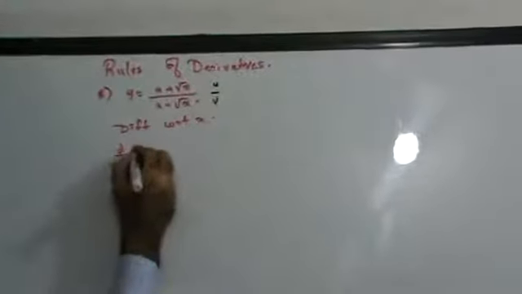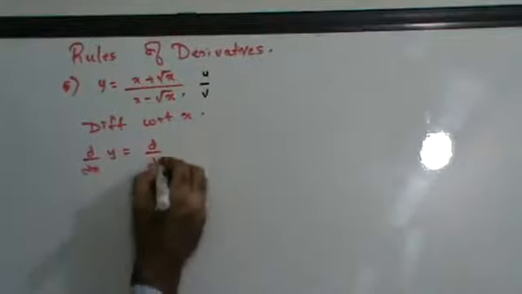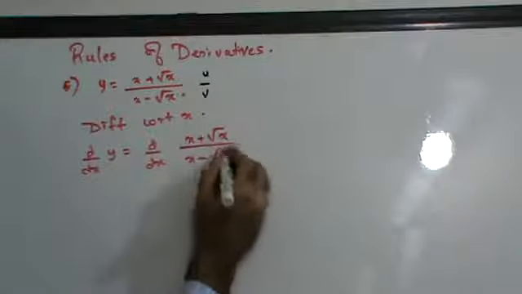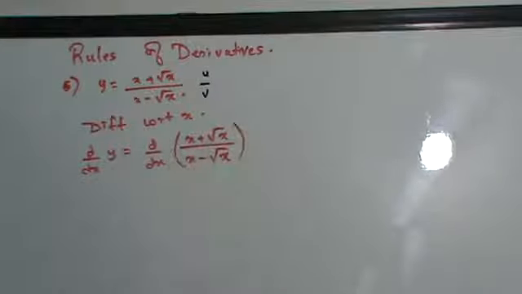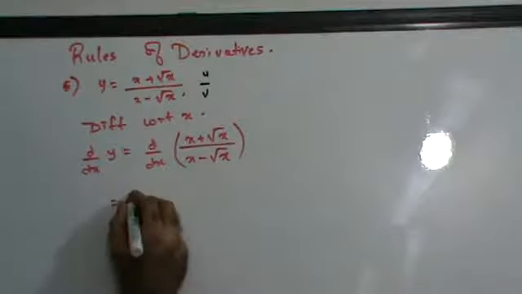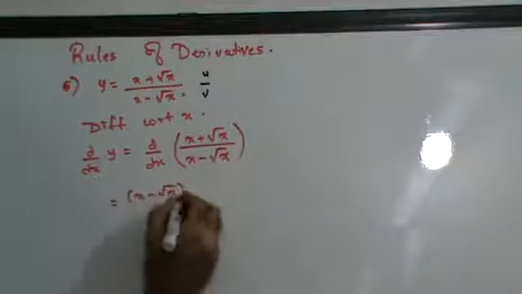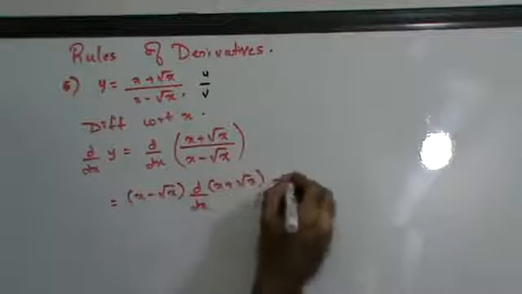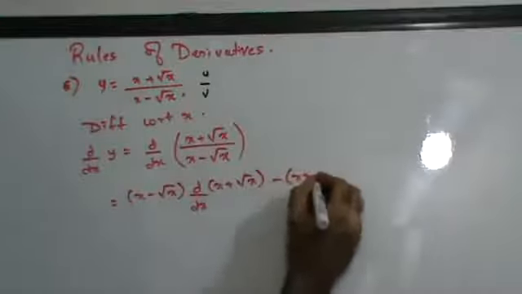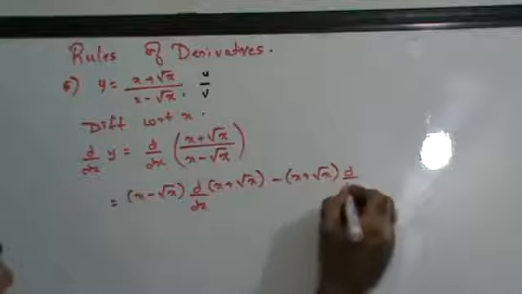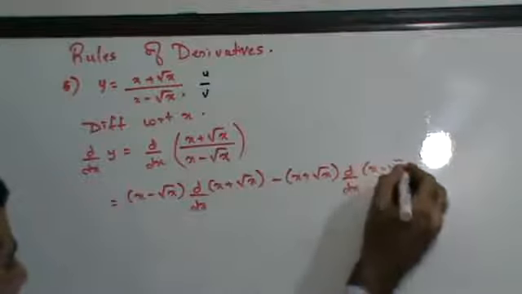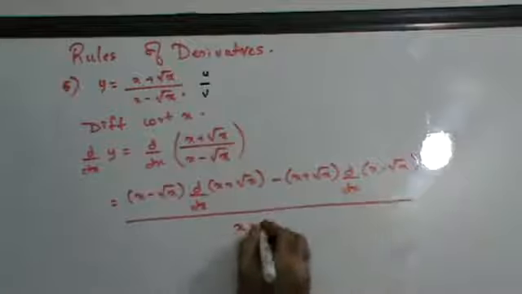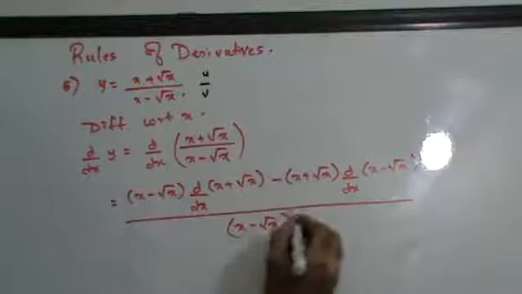So dy dx of y is dy dx of x plus root x upon x minus root x. Apply the u upon v formula, the division formula. This is v derivative of u minus u derivative of v upon v square, right?